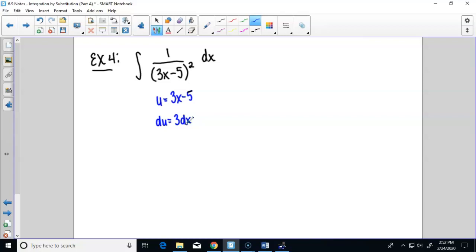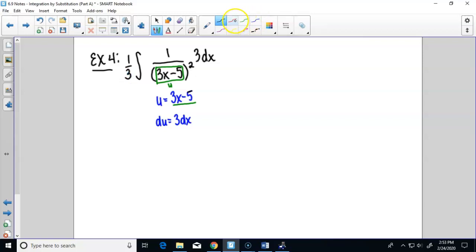So, we're wanting to substitute this part right here, the 3x minus 5. We could put a u right there because 3x minus 5 equals u. But the du has to be 3 dx. I don't have a 3. So I am just going to add a 3. It makes my life easier. But to do that, I have to put a 1/3 out front.